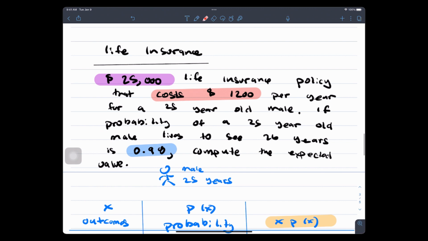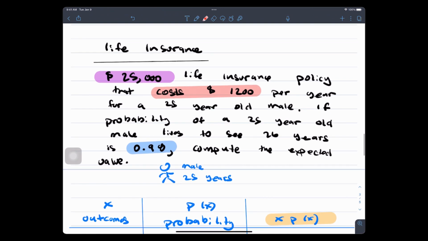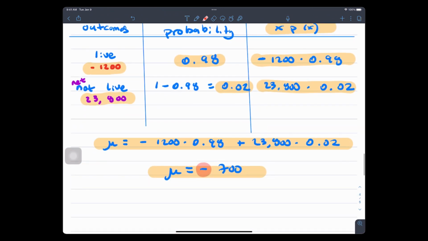Life insurance really exists to make the insurance companies what? Money. That policy makes them $700 per person. This is what makes the world go round. Your car insurance. Anybody have car insurance? Guess what? That has a negative expected value.